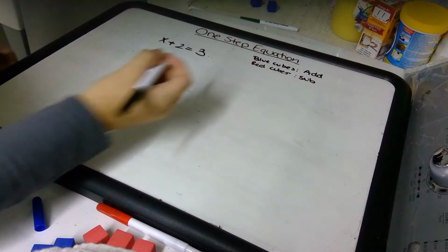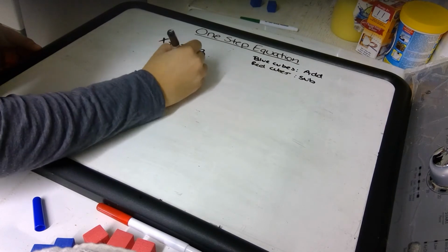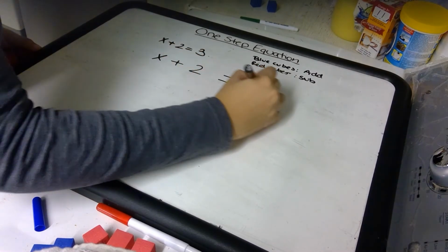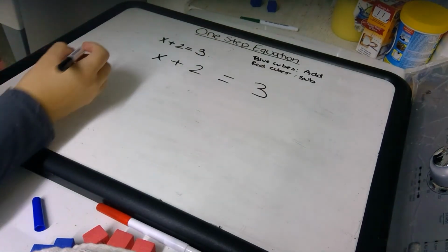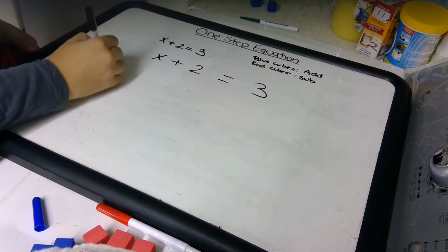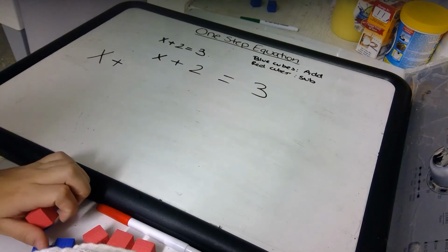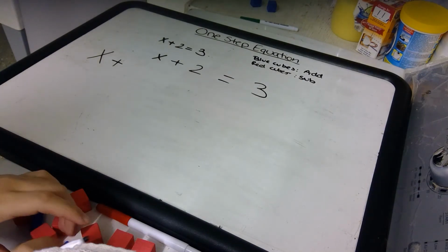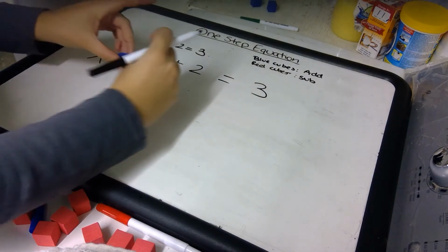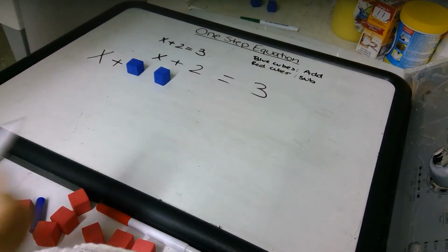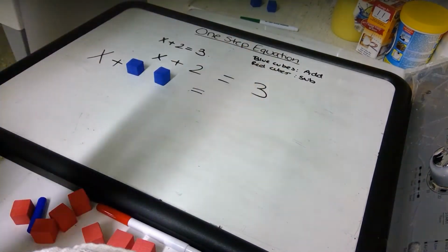So in this example, we have x plus 2 equals 3, right? So we're going to write x here. Now we're going to add, since blue cubes are addition, we're going to put 2 cubes, right? We're adding them. Equals 3.